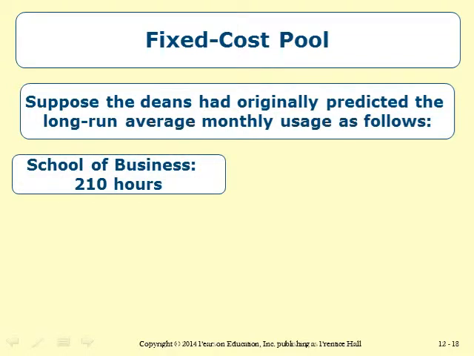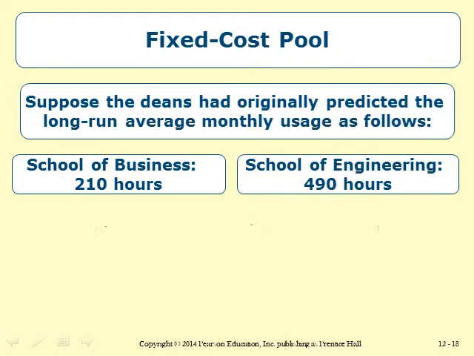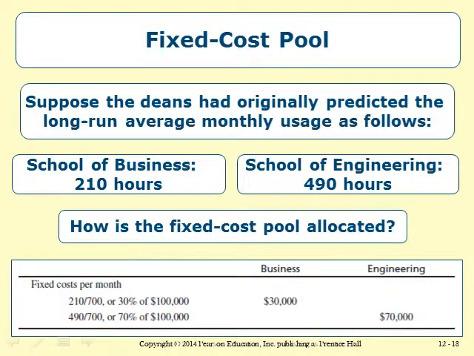In this example, suppose the deans had originally predicted the long-run average monthly usage by the School of Business at 210 hours and by the School of Engineering at 490 hours, or a total of 700 hours. These estimates resulted in a committed fixed cost that remained largely uncontrollable over many years.